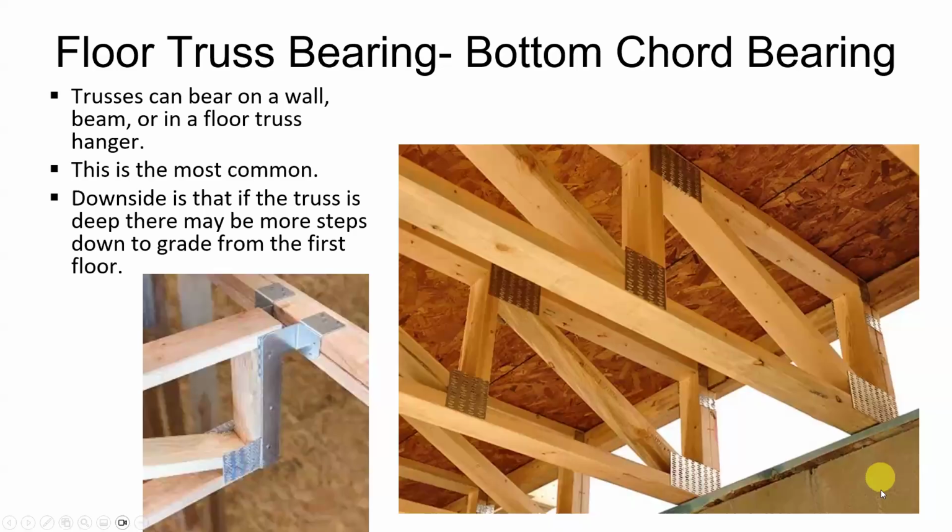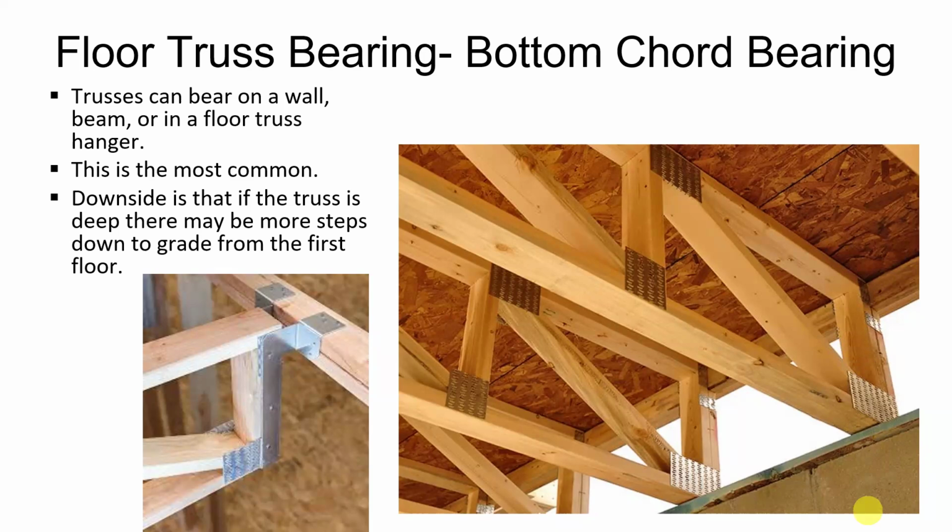Now I'm trying to get an accessible ramp up there, and my ramp maximum slope is 1 inch for every foot. So let's imagine this is 8 inches and this is a 16-inch truss. I have 24 inches I've got to get from the ground up. I have a 24-foot ramp I've got to figure out how to fit in my front yard.